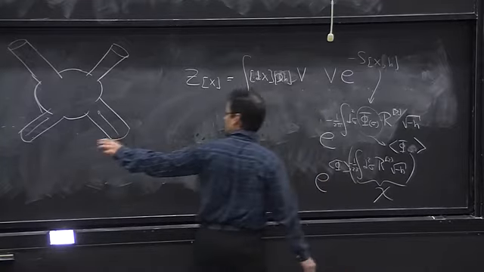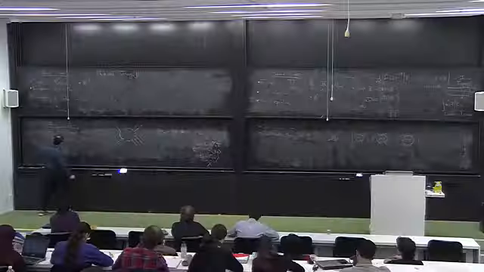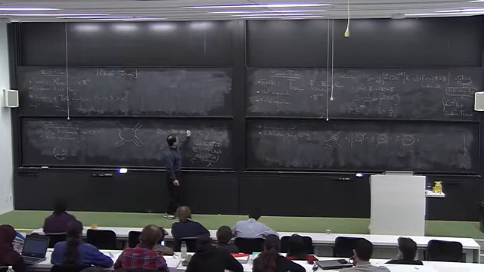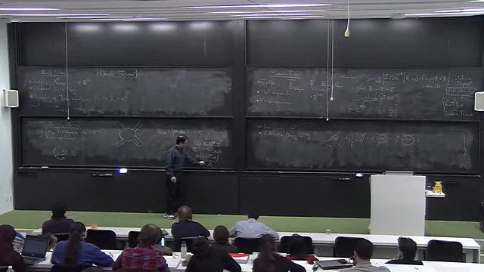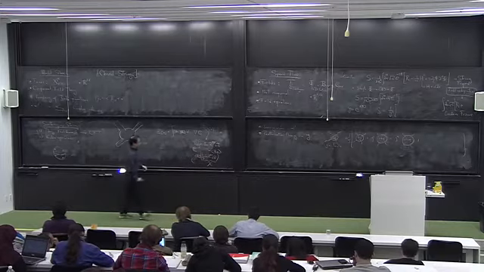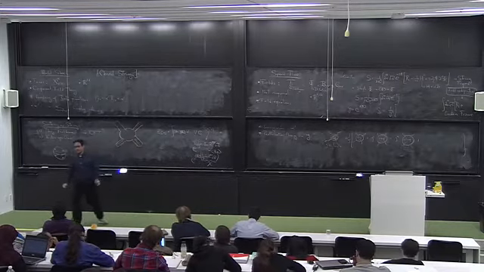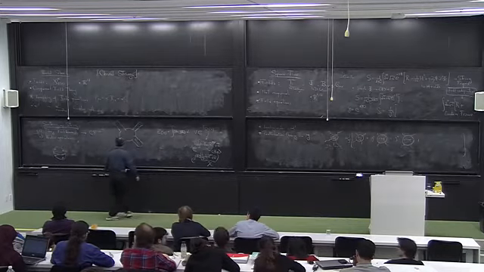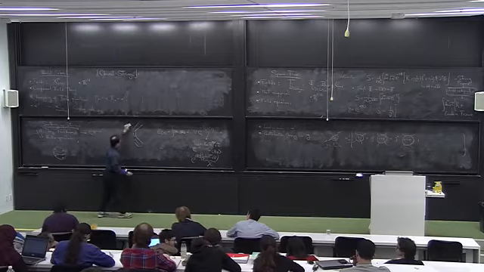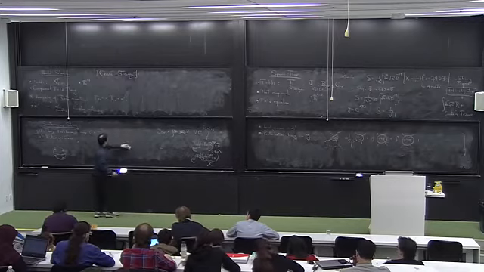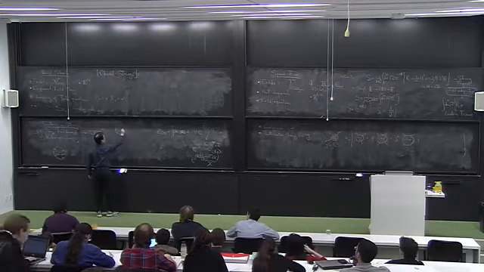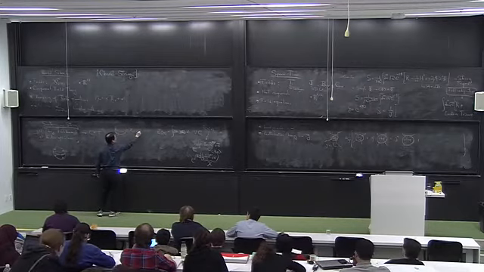So let's not worry about these vertex operators as being punctures. Let's just worry about the topology of the sphere, because these vertex operators are actually here. Okay. So this integration is really over a sphere. So what is the Euler characteristic of the sphere? It is 2. So if we have a sphere, the Euler characteristic is 2.